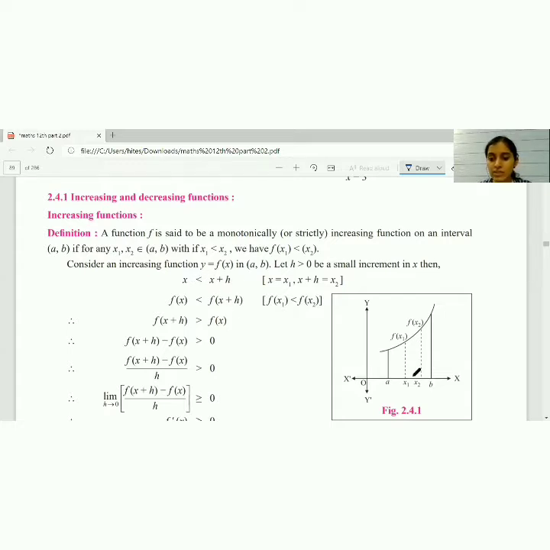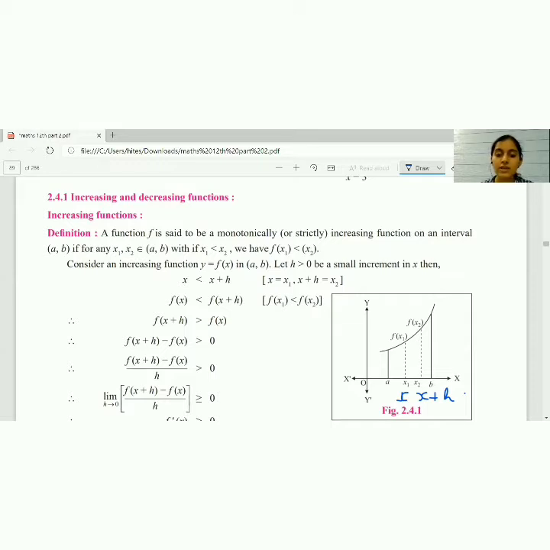So x will come somewhere here, and x plus h will be after that, lying between x1 and x2. Here they've said let x equal to x1 and let x plus h equal to x2. So now they're calling this x and this x plus h, with x2 as x plus h. What is h? A small increment in x.